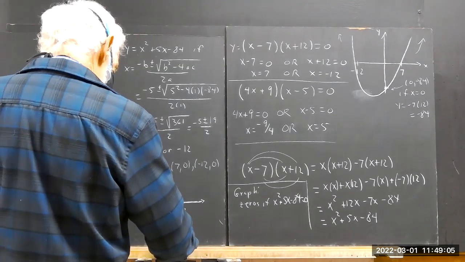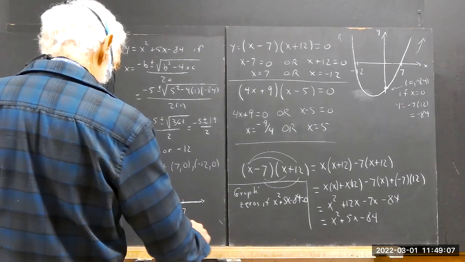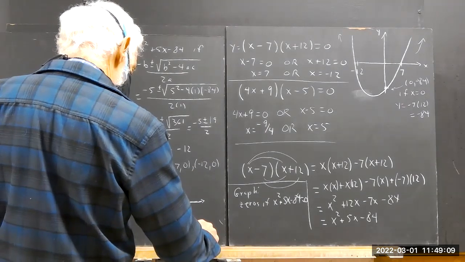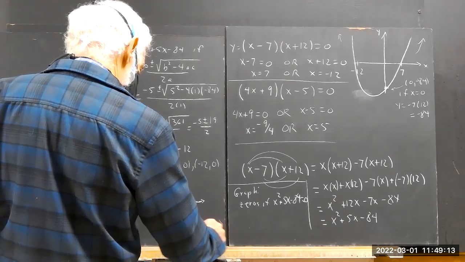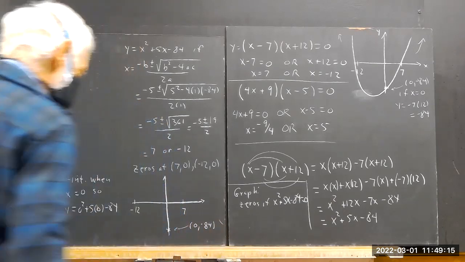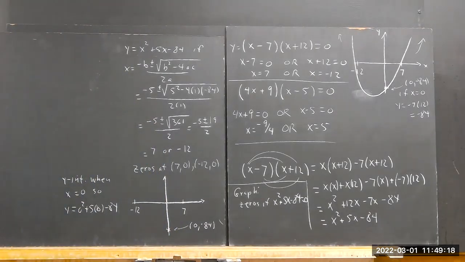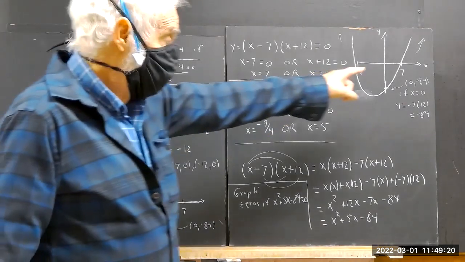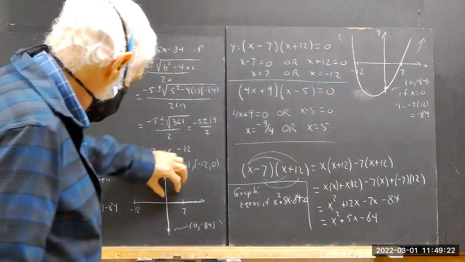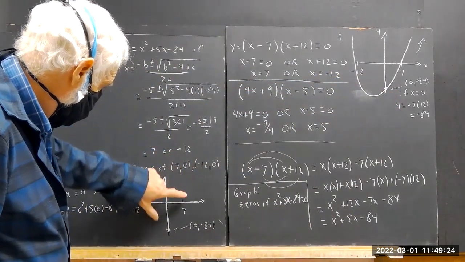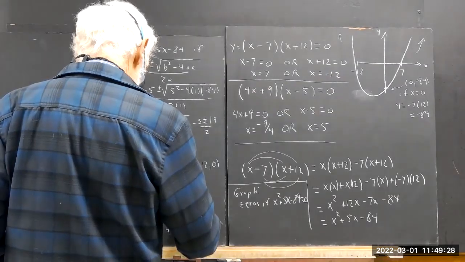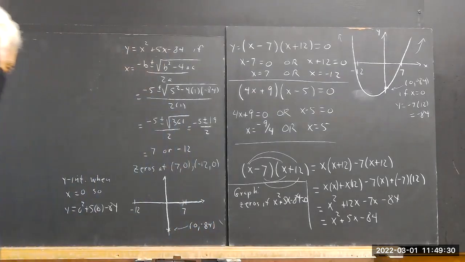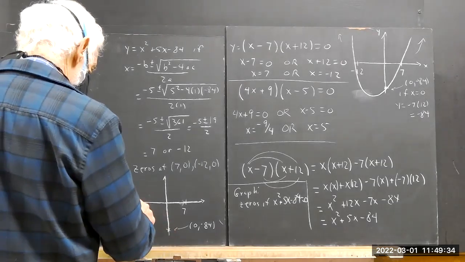It gives us the point 0, -84. So it looks a whole lot like what we had here, doesn't it? Maybe a little short, so I'm going to put 7 over here. That'd be a better place for 7. So that's my y-intercept. Here are my zeros.